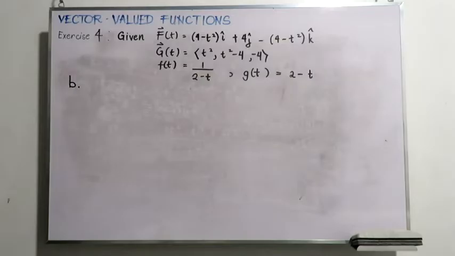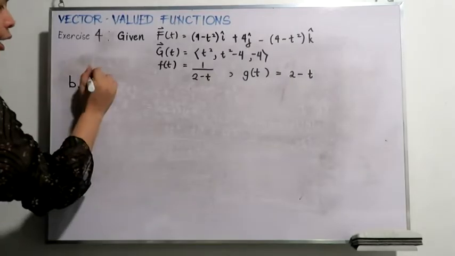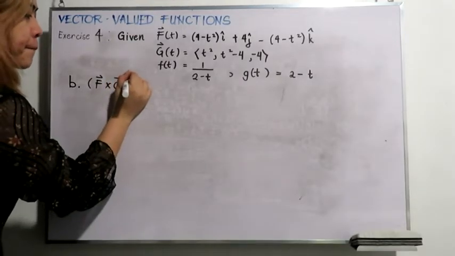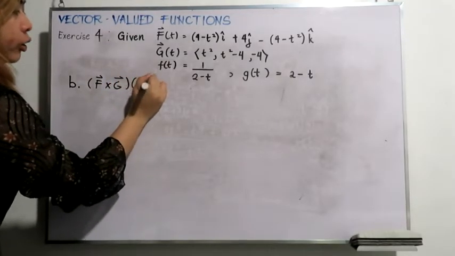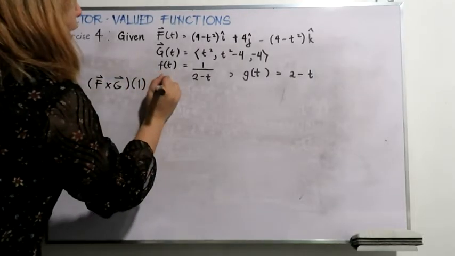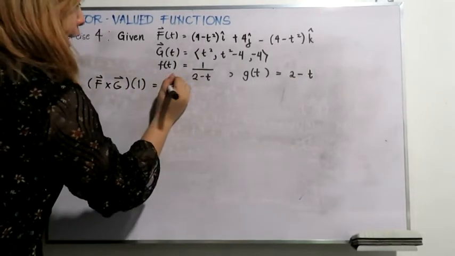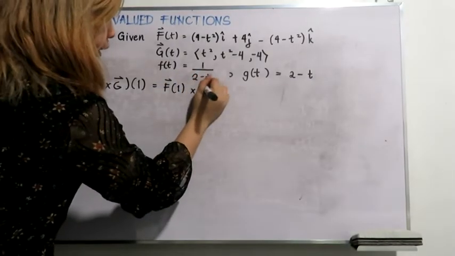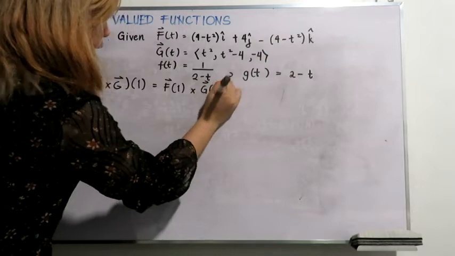Now, what if we want to look for the cross product of capital F with capital G evaluated at 1? From the definition of the cross product of vector valued functions, we know that this is just capital F evaluated at 1 cross capital G evaluated at 1.